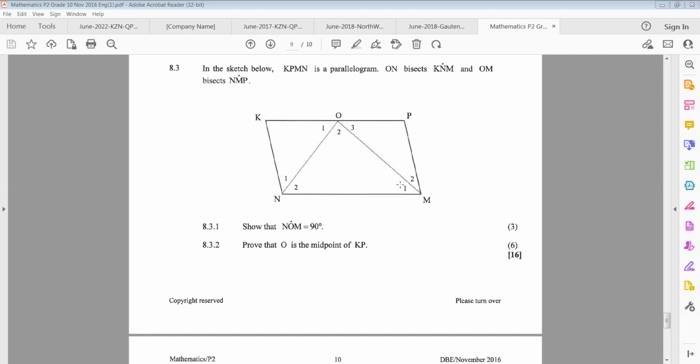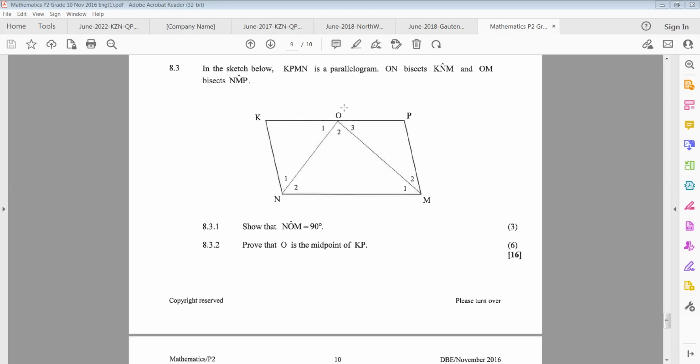We do the same thing here. We said here is Y, and here is Y also, because it is given that OM bisects. So they are the same. We have shown that O3 is equal to M1. In other words, O3 is Y. So Y here is equal to this Y here, that's M2.